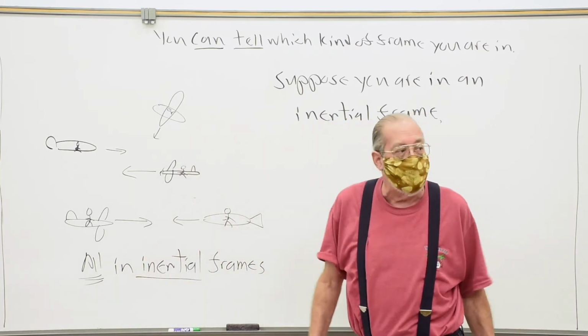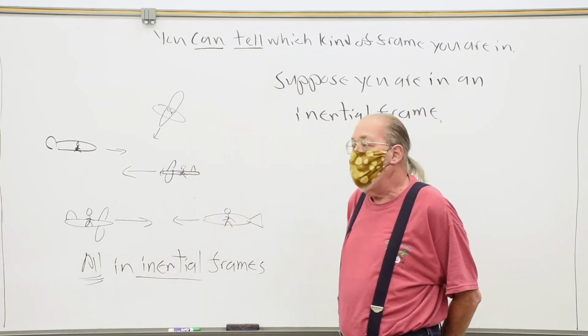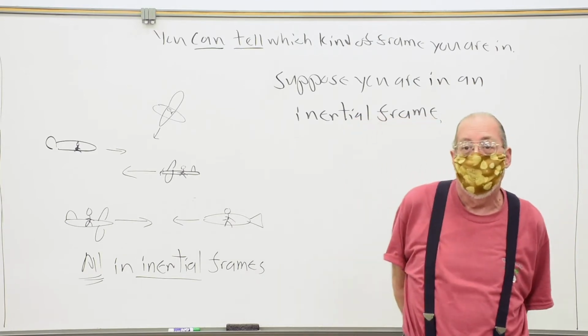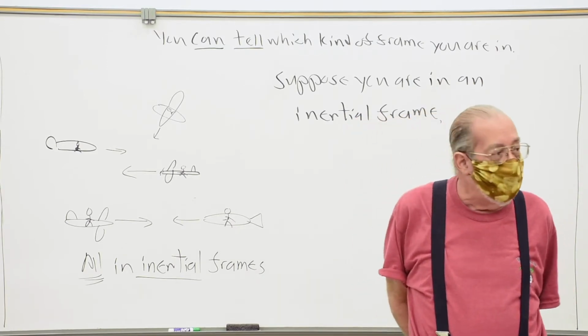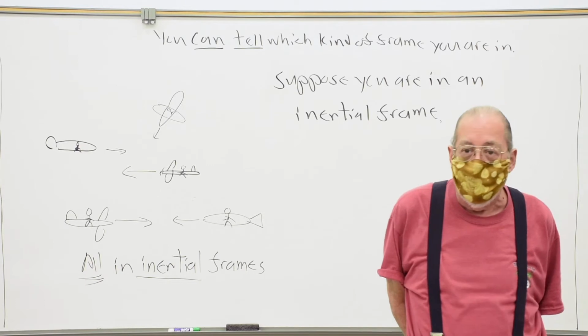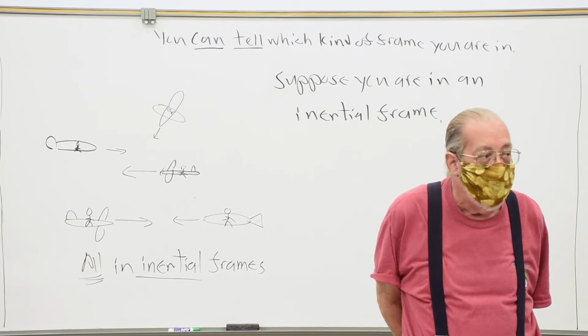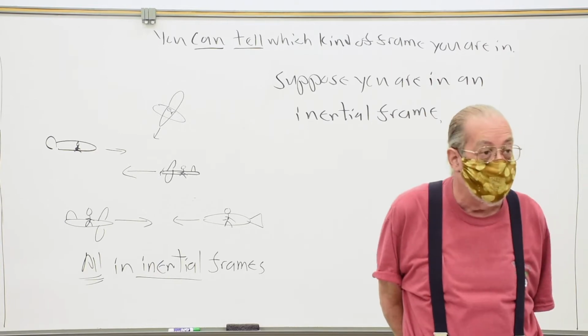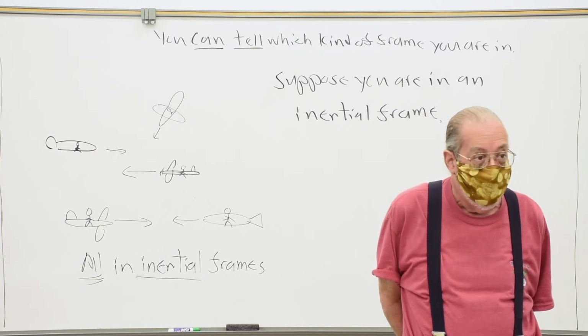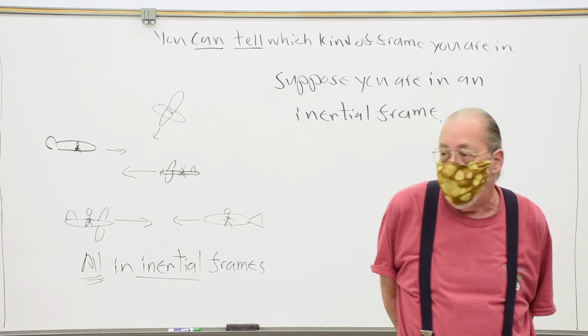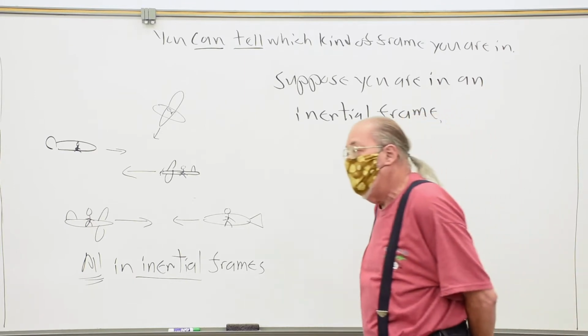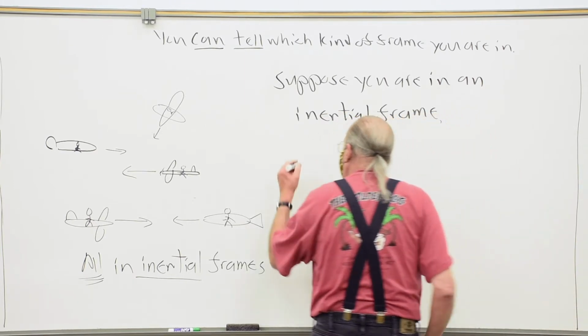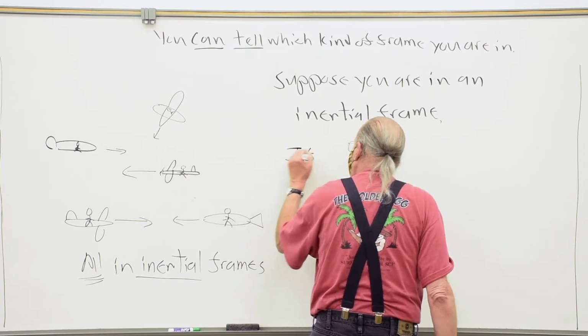And you ask the question, who is moving and who isn't? What we find back in the time of Galileo and Newton is that there is absolutely no way to resolve this. No way. If you are in an inertial frame, you cannot determine absolutely your velocity.